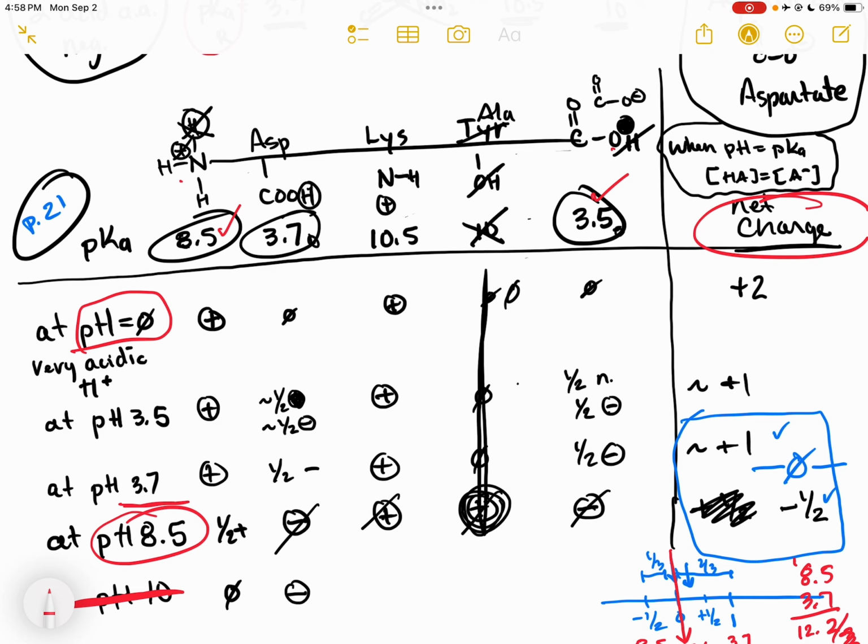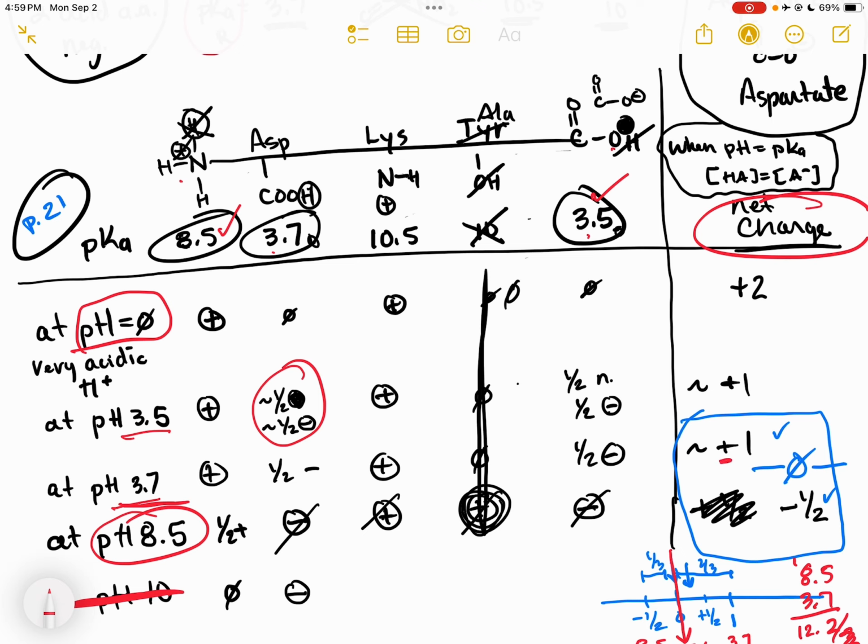And then you just keep on moving up to the lowest pKa and the next lowest pKa. And you think if the pH equals that, then half of those ionizable groups will be protonated, half will be deprotonated. Think about what the charge is for both of those. That can be confusing.